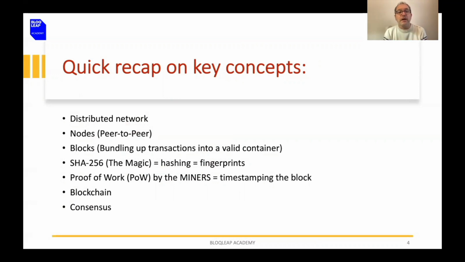Well, very good. I'm sure you understood everything. The distributed network is, I would say, the first level of security in the blockchain. Remember, the distributed network has no central point or unique point of failure. All the nodes are communicating in peer-to-peer fashion.